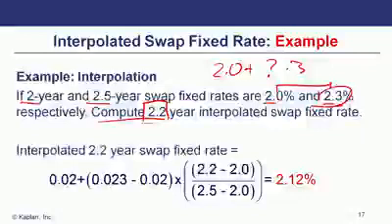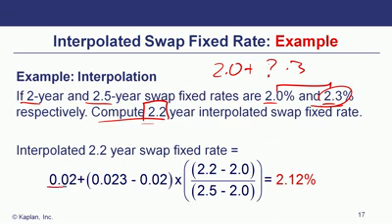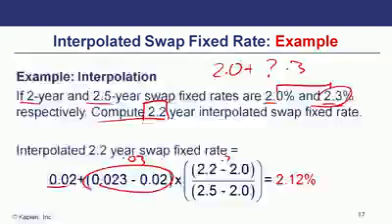What we want to do is add enough to reflect the fact that this 0.3 spread is earned over 6 months, going from 2 to 2.5 years. We only want to go 0.2 years, right? So we're going to start with 2, and we're going to say, oh, here's the spread. This is going to be the 0.03, and then we need to say we want 0.2 as a portion of 0.5 years, right?